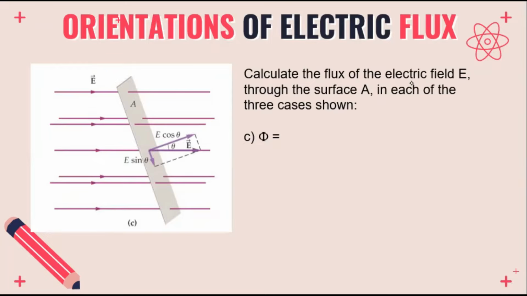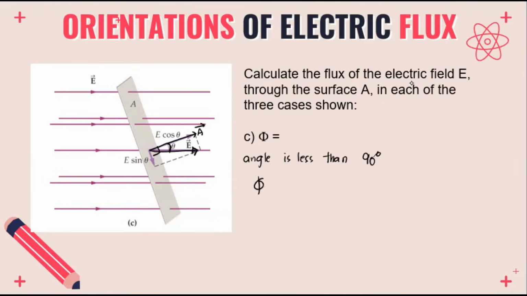Makikita natin yung ating electric field vector, the first line here. And this is the perpendicular line to the surface, our area vector. So most probably, the angle between them is less than 90 degrees.